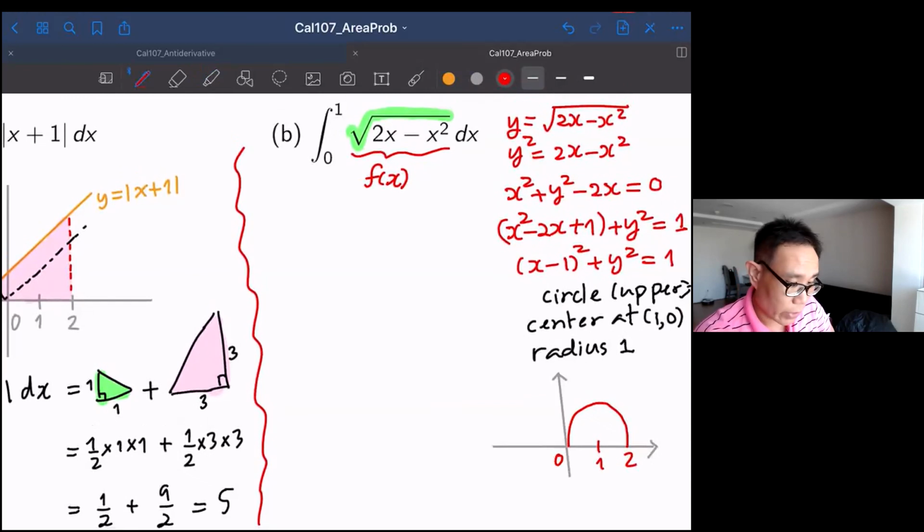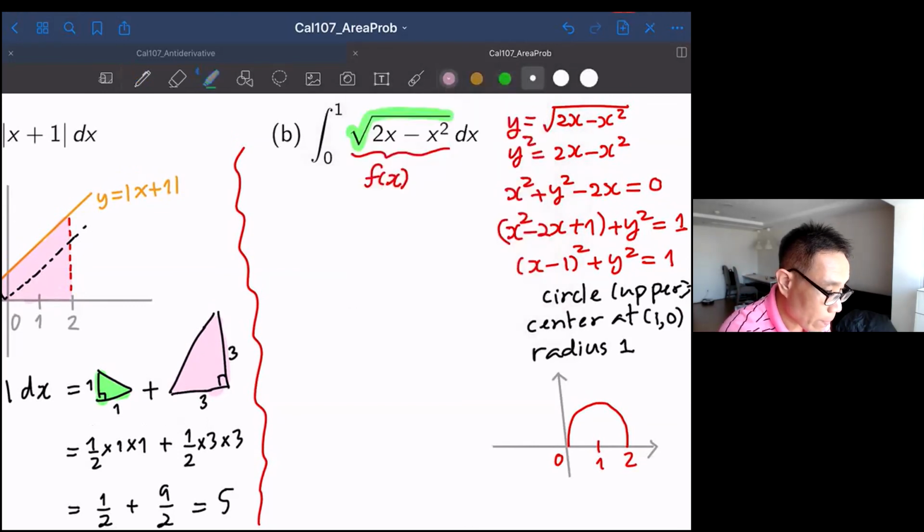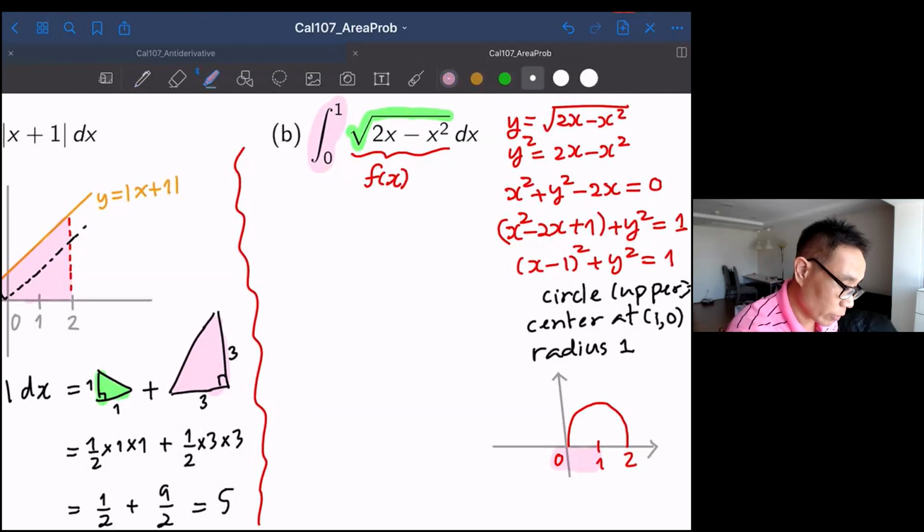However, you see that the question asks you to integrate from 0 to 1. It means that it's not gonna cover the whole semicircle. It's gonna be just 1/4 of a circle.